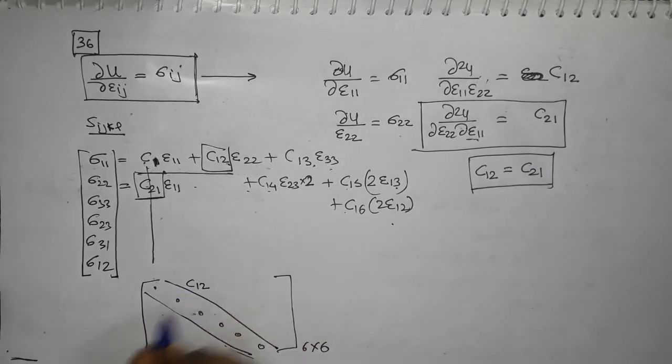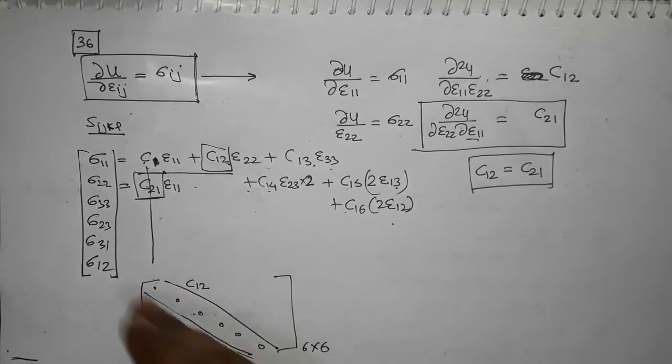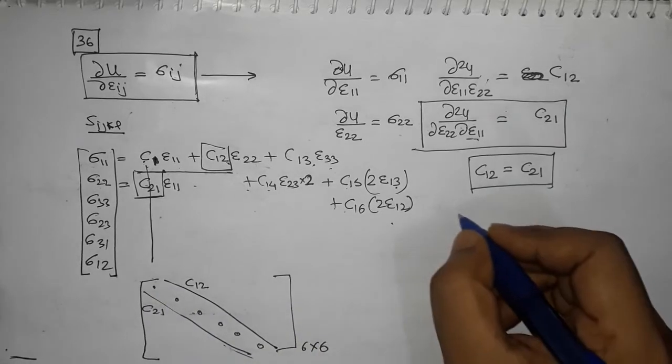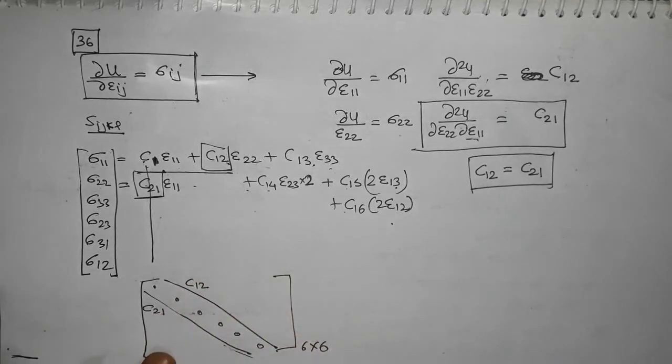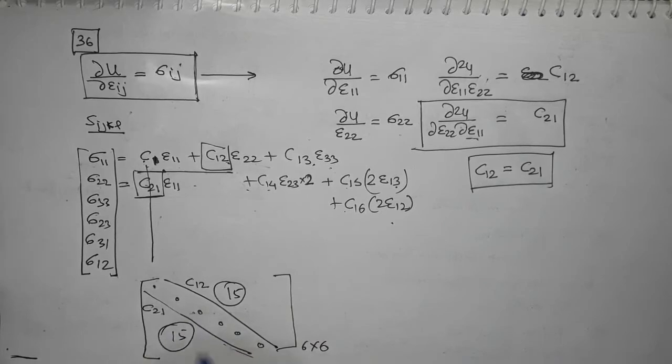So C12 is equal to C21, so all this will be affected only along this axis of the diagonal elements. So these 6 are not going to get affected. How many are there? We have total 36 minus 6, so we have 15 on the upper side, 15 on the lower side, right? So we have 15 here and we have 15 here, so 30 plus 6, 36, right?